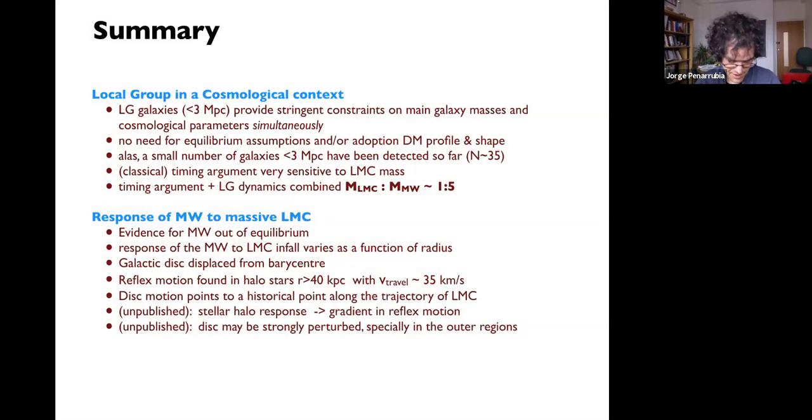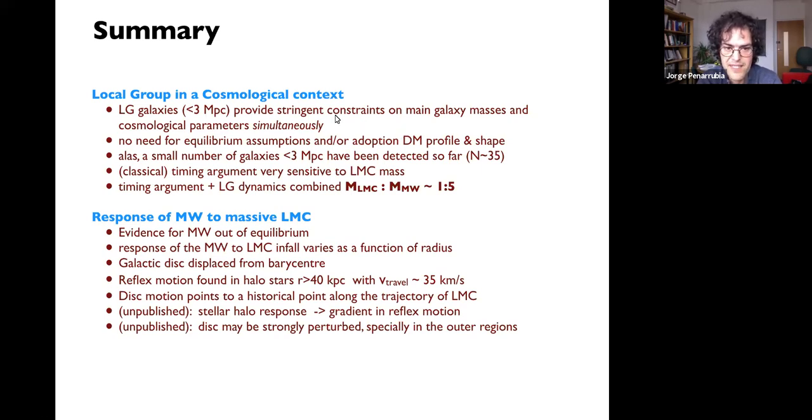And with this, I'm giving you my summary because I'm running out of time. So the first part of the talk showed the Local Group in a cosmological context. We have a very small number of stars, only out to 35 kiloparsecs in this range of distances. But even with that, we can get really interesting constraints on the masses of the main galaxies, Andromeda and the Milky Way, as well as the LMC mass.